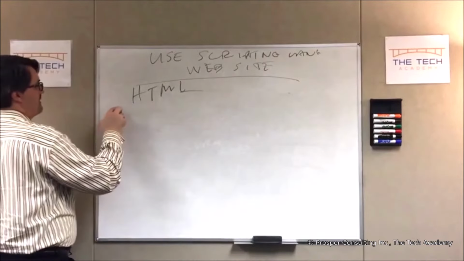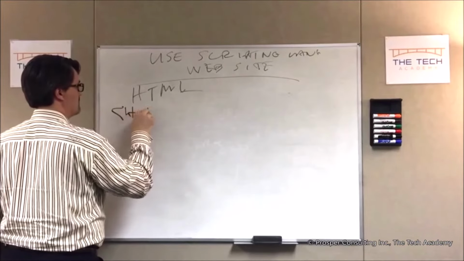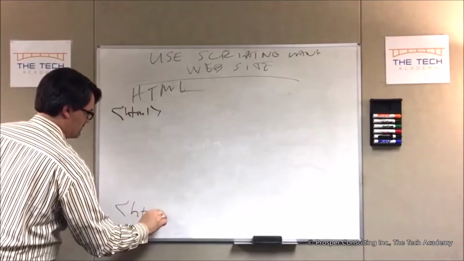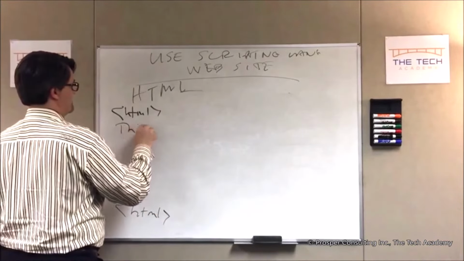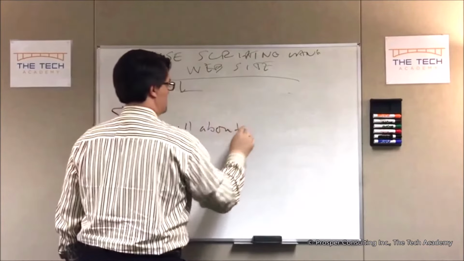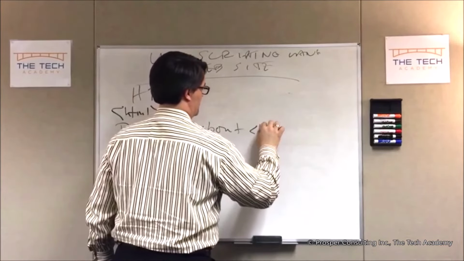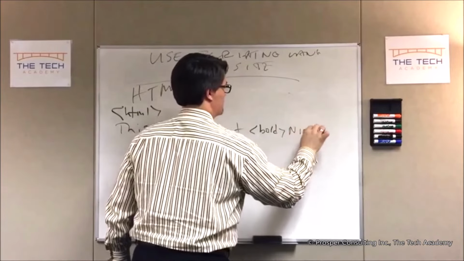It's pretty basic. You have these things called tags. They're at the beginning and end of the document. And then in between, you would have text that says, this is all about, and then you'd have a tag called bold, ninjas.